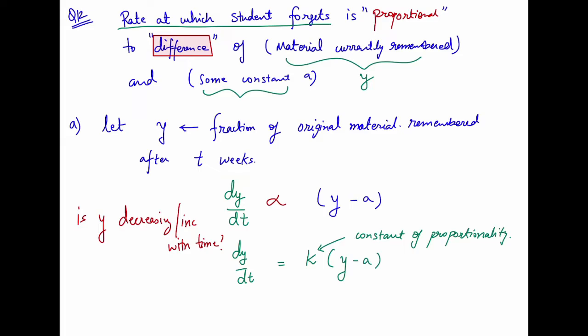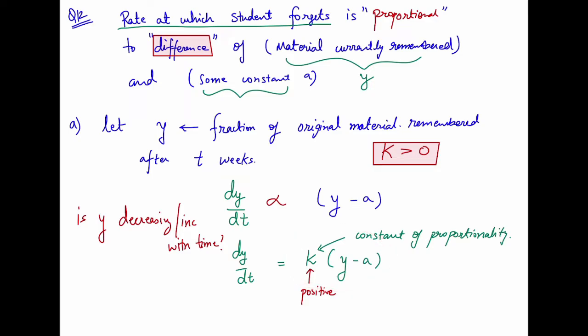They've told you that k needs to be bigger than 0, so this part of the equation is positive. That's fixed. With the concept that dy dt is decreasing, what should be the sign of this whole thing?